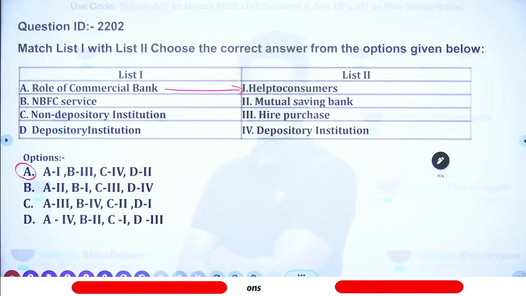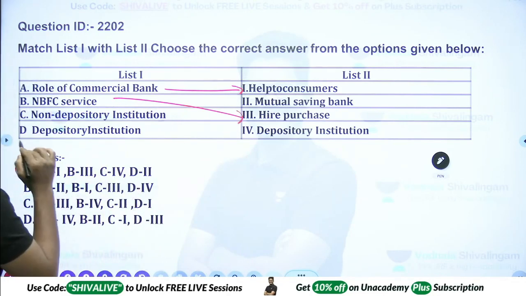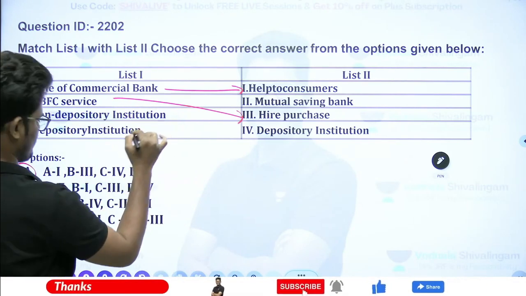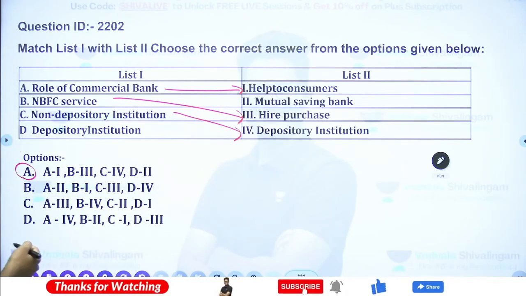NBFC service is the third one, hire purchase. Non-depository institutions are the fourth one. Depository institution. What answer is given by them?